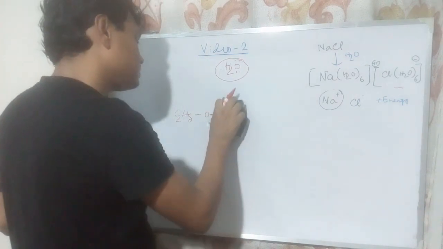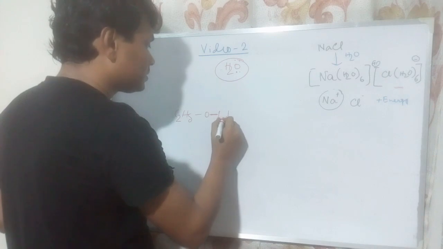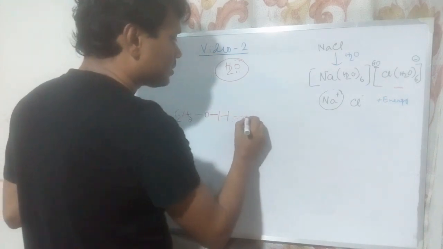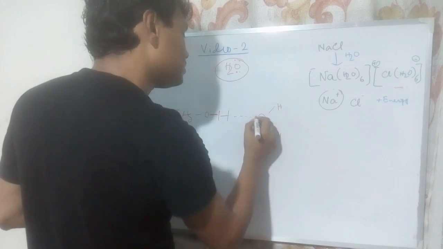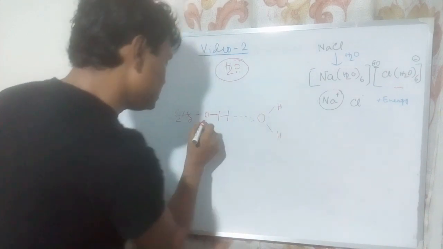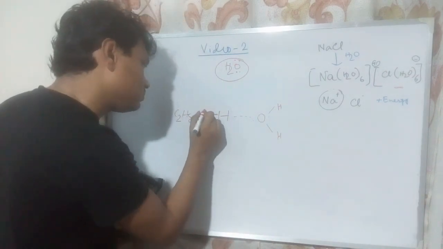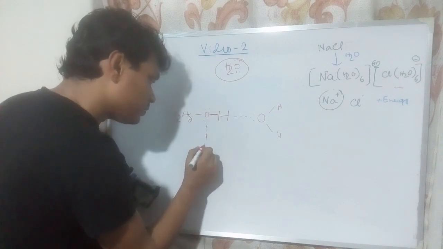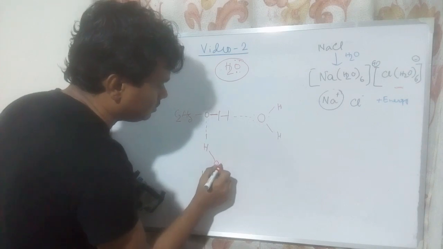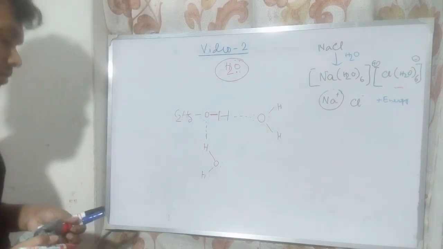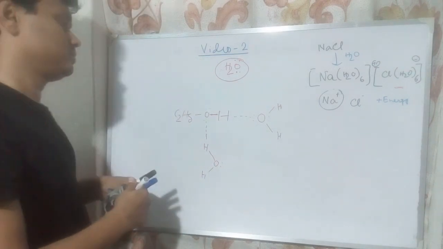So what happens? This hydrogen forms hydrogen bonding with the oxygen lone pair of water, and this oxygen is capable of forming hydrogen bonding with the hydrogen of water molecules. So in this way, ethanol becomes soluble in water.